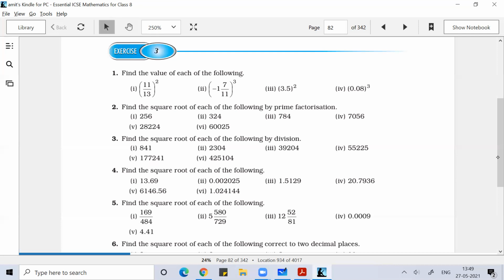सर, कैसे करूँ, कैसे करूँ? सर मुझे डेसिमल आ रहा है। The perfect square.